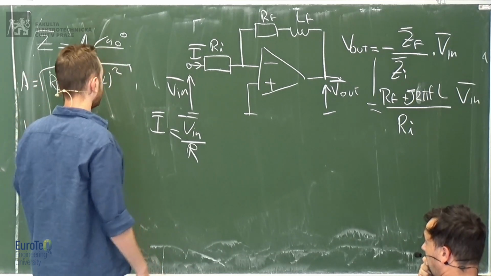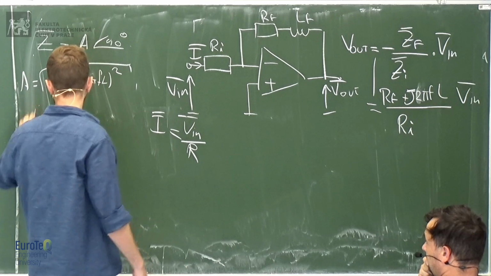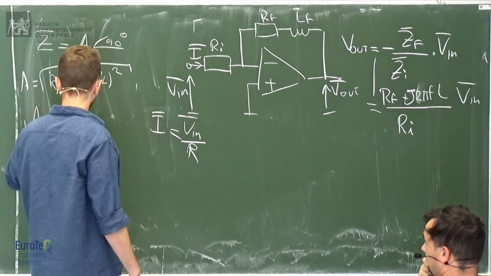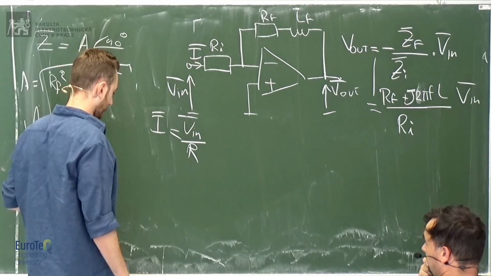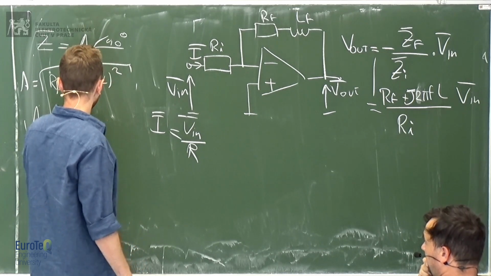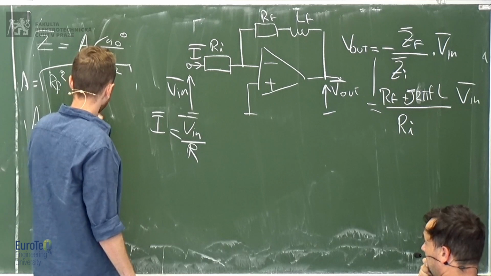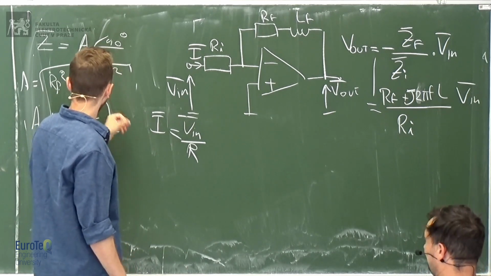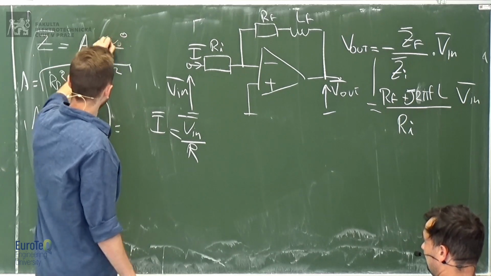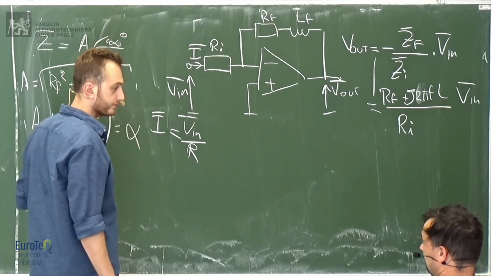Then, to get the angle, we take the arctan of the imaginary part divided by the real part, so 2 pi FL over RF. That would equal alpha.